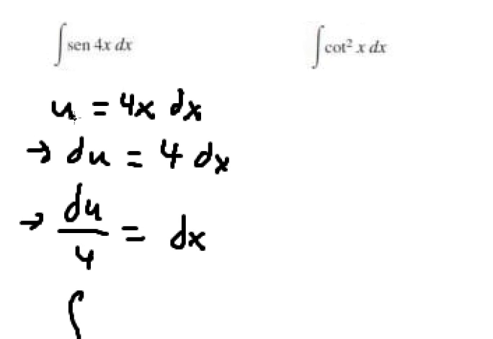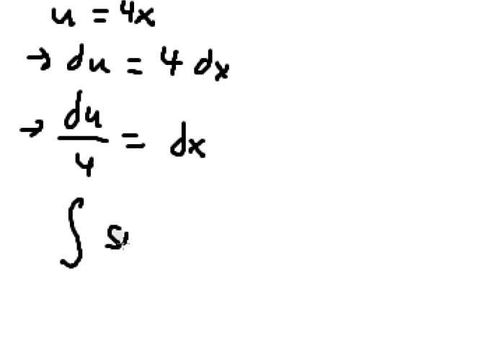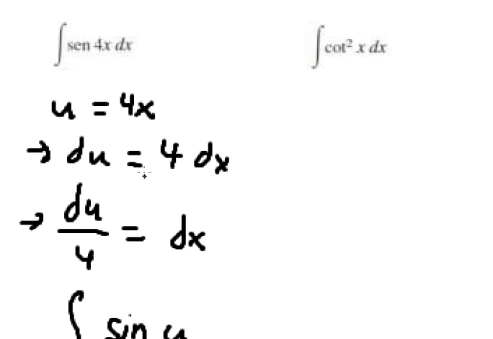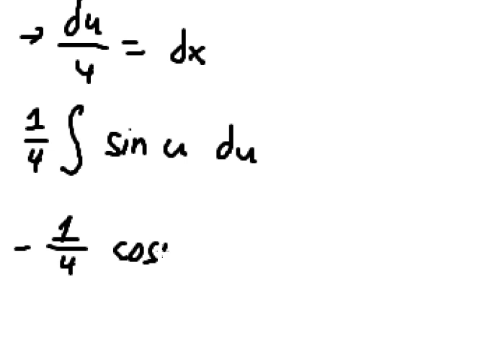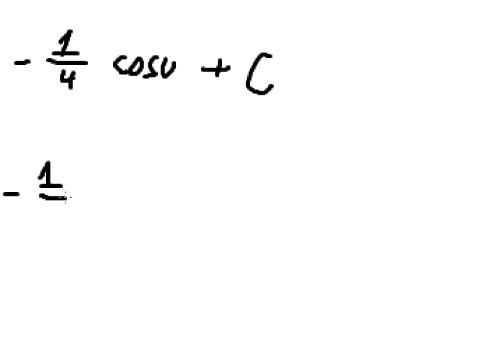This one 4x we change by u, or there's no ds in here, sorry. So we have sine u dx we change by du over number 4. The integration of sine u, we have negative cosine u, and I will put plus c. About u, that is about 4x.